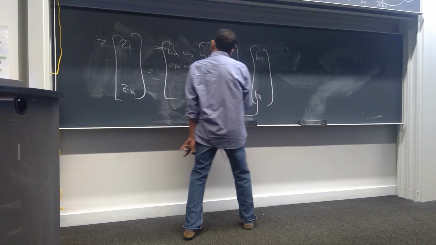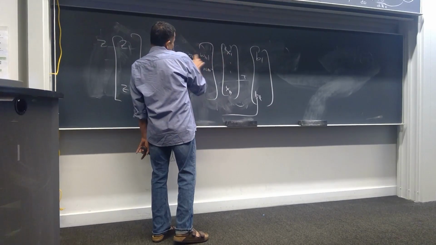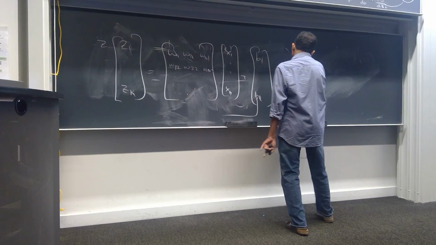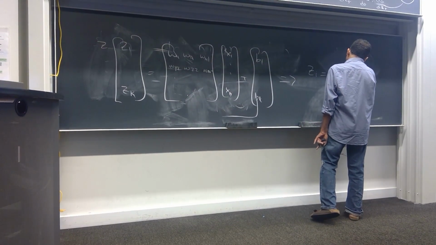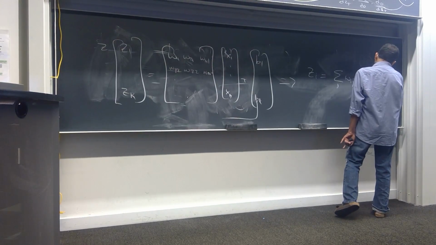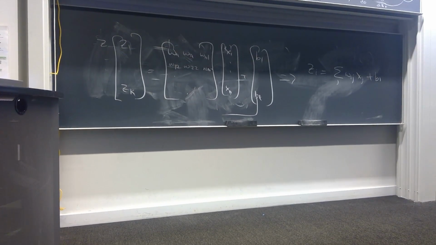Now, if you look at this, the first component times the first entry plus the second component times the second entry. So this literally means z_i equals the summation over j of w_ij x_j plus v_i, right? This is exactly what you're going to get term by term if you work this out.